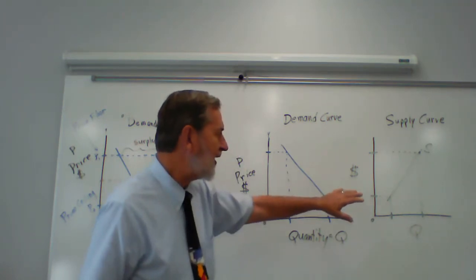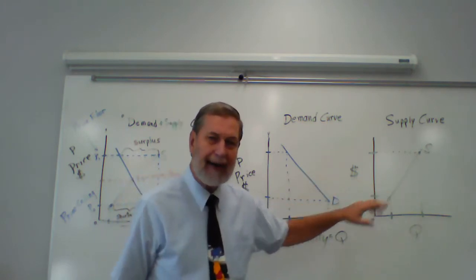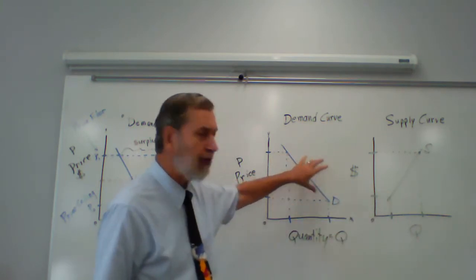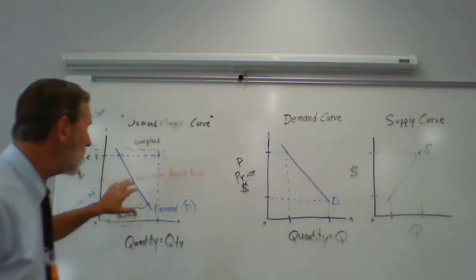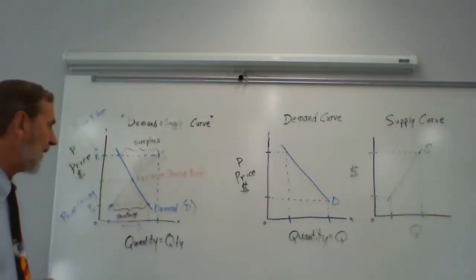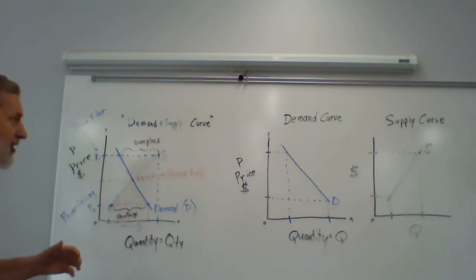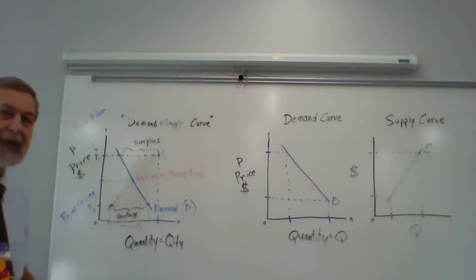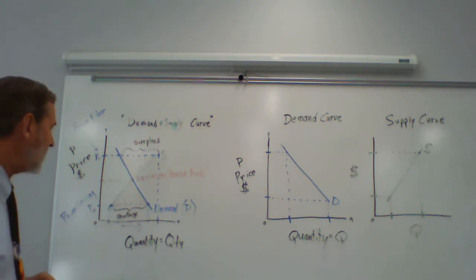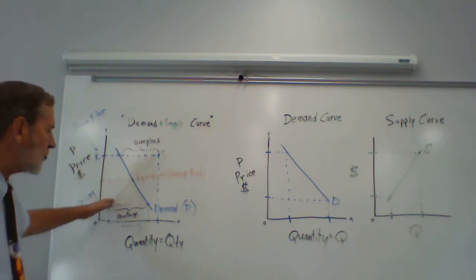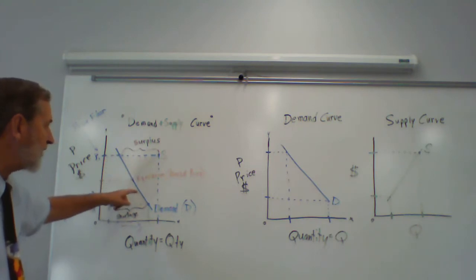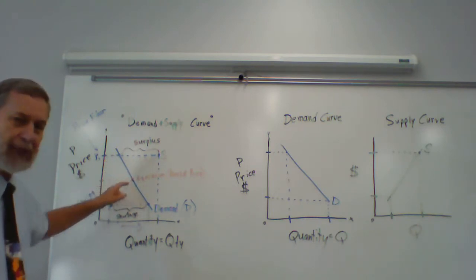So let's put these two graphs together, the demand curve graph and the supply curve graph, and come on over to the demand and supply curve graph together. This now can get a little more complicated because we've added things to this graph. You will notice when you put the two graphs together, there's a place where they intersect.